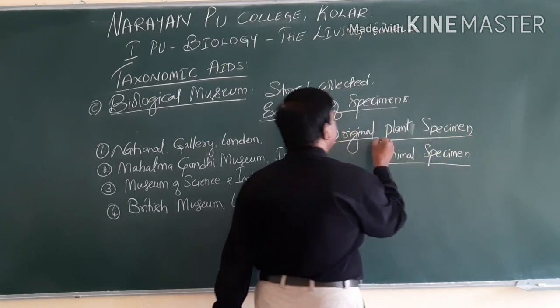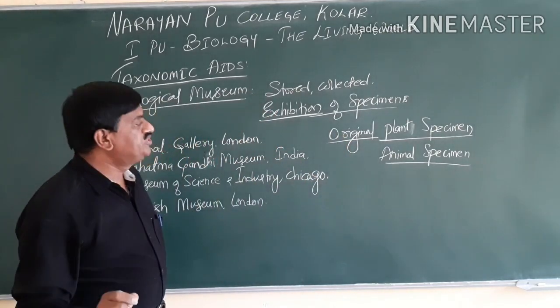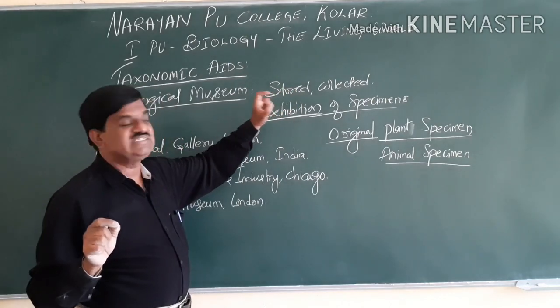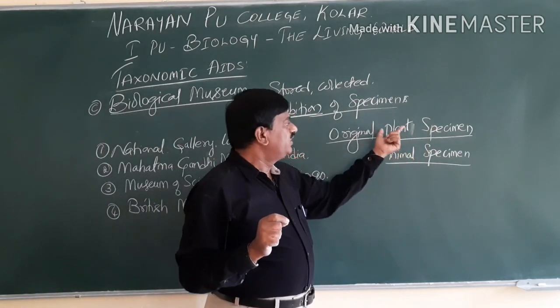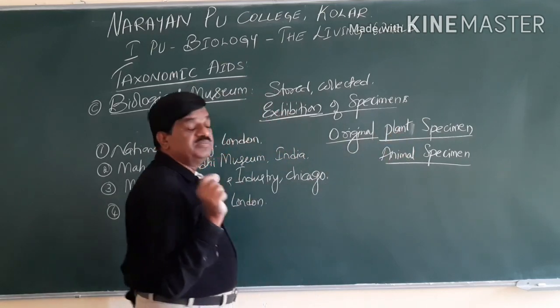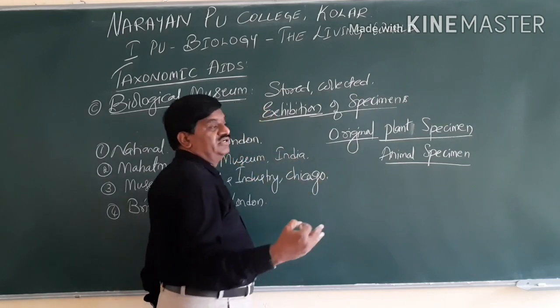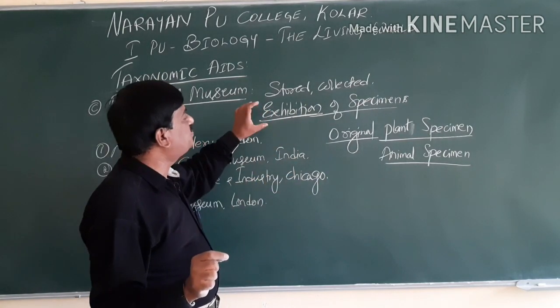So here I am going to repeat this. We are going to take the original material, the life forms as they are, and preserve them as plant specimens or animal specimens for the sake of studies, for taxonomical studies, and for exhibitions.